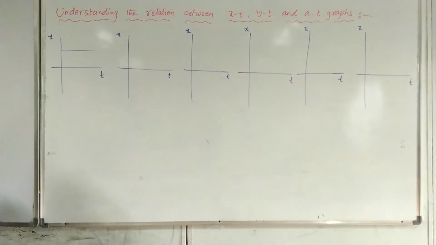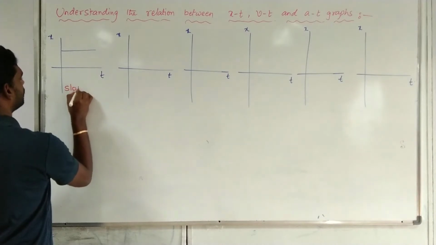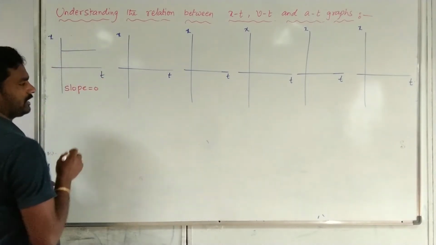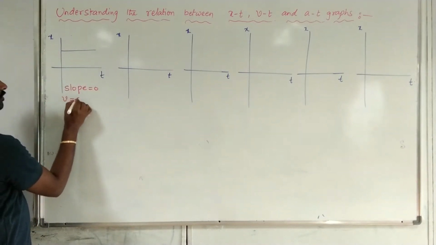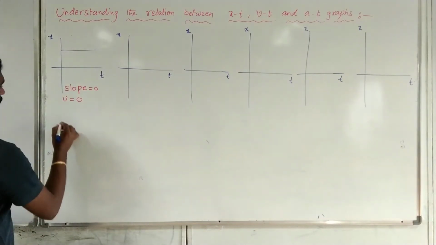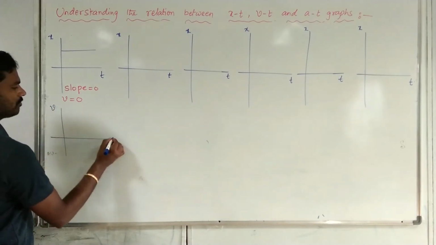In this case, slope is equal to 0 because the curve is parallel to the x axis. Slope of the xt graph is nothing but velocity. Therefore, velocity is equal to 0 here. So, I am writing the corresponding velocity versus time graph here.